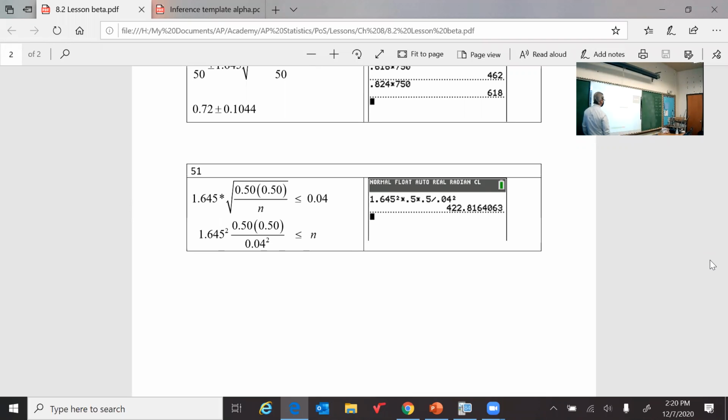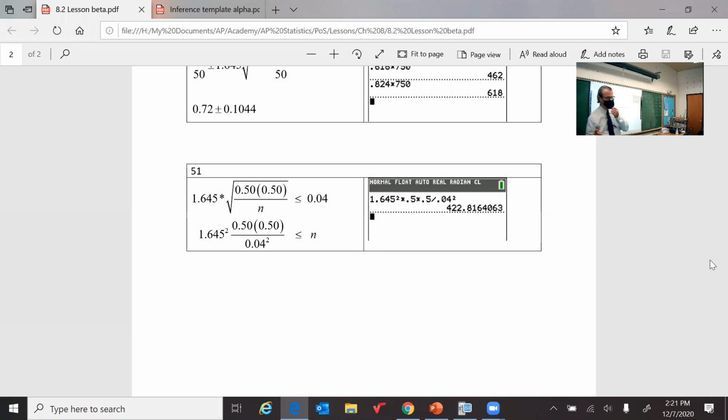So now what? Well, if you square everything, you square both sides, and then I did 2 steps in 1. Then I multiply both sides by n and divided both sides by 400 squared, you would get this. So the minimum sample size is 423.